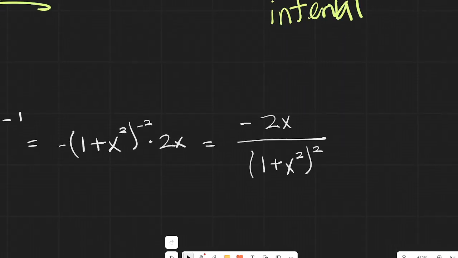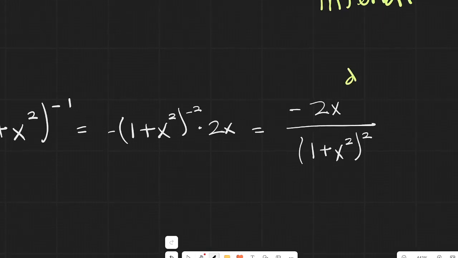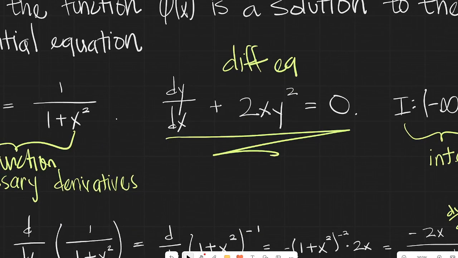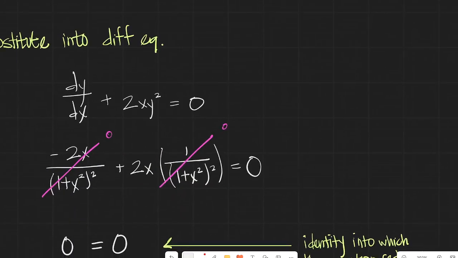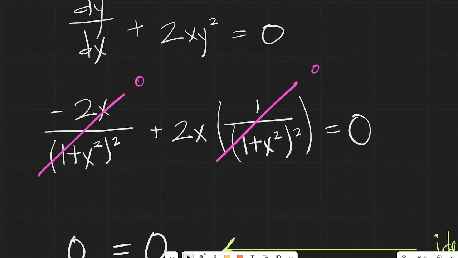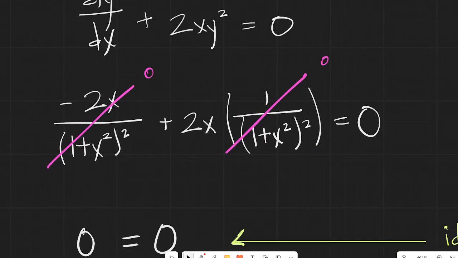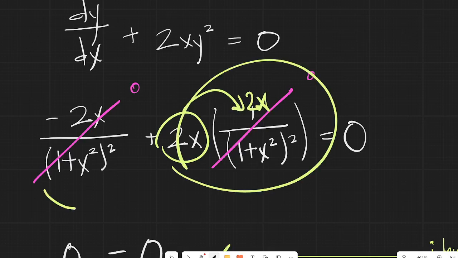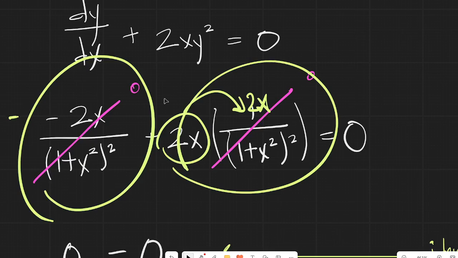So now I have dy/dx. This is what dy/dx is. We just took the derivative of y. And once I have that, I can just plug it into my equation here, which I have done. And if you just see right here that if I move this up into the denominator, we have the same quantities here and here, and one's negative and one's positive.